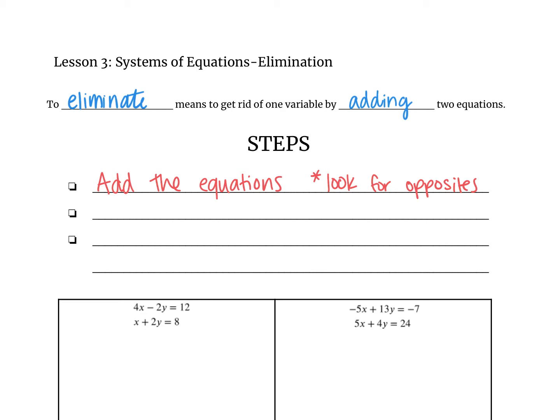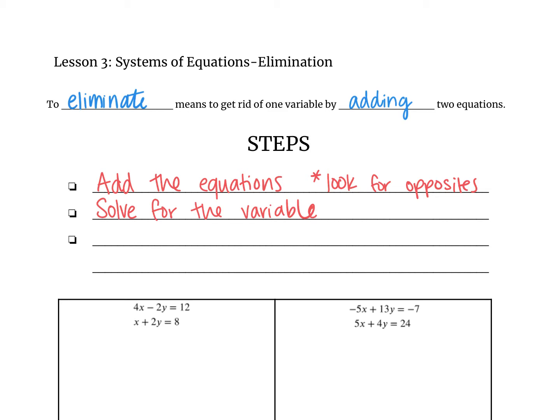Okay, step 2 is we're going to solve for the variable. So when we add the two equations together, one variable that has an opposite is going to cancel out. And then whatever variable is left, that is what you will solve for in this next step.